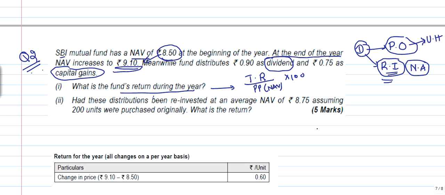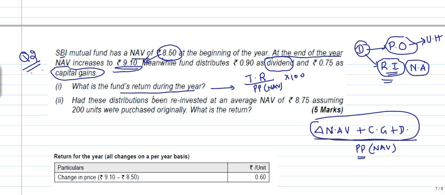So change in NAV plus capital gain. If you get capital gain, you add capital gain. If you get dividend, you have to add dividend, divided by purchase price, that is NAV at the time of purchase, into 100.